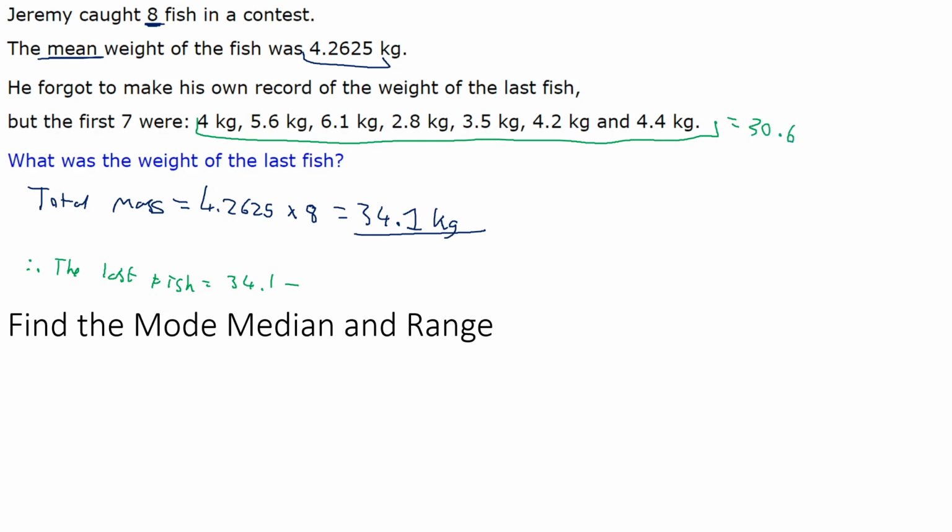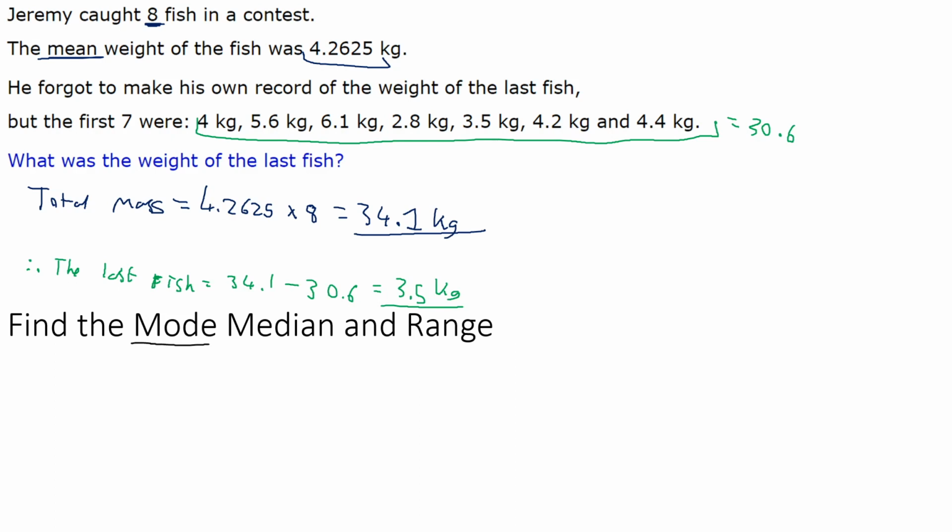And so therefore the last fish weighs 34.1 minus 30.6, which is equal to 3.5 kilograms. Okay?